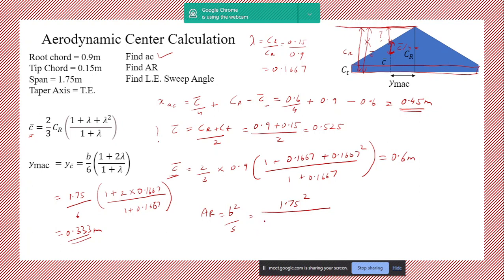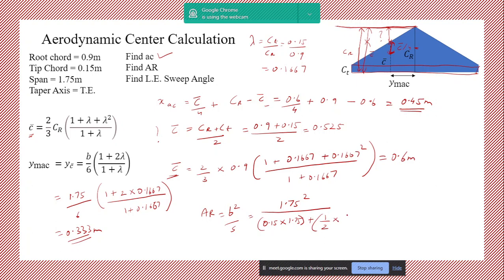Area of the rectangle would be CT, which is 0.15 into 1.75. Okay, this is the rectangle and the triangle would be half.